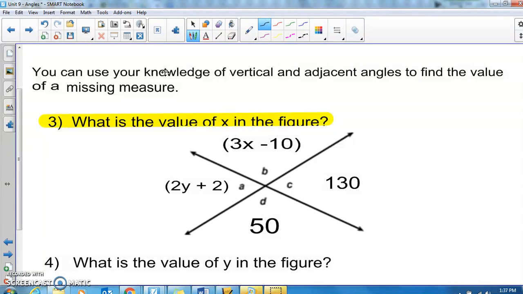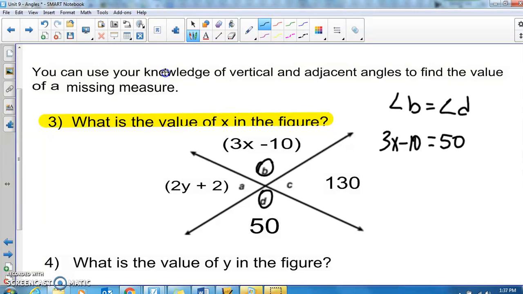So wouldn't it make sense that if B and D are vertical, angle B equals angle D? All right, so those are equal. Angle B, as we know, is equal to 3x minus 10. Angle D is equal to 50.